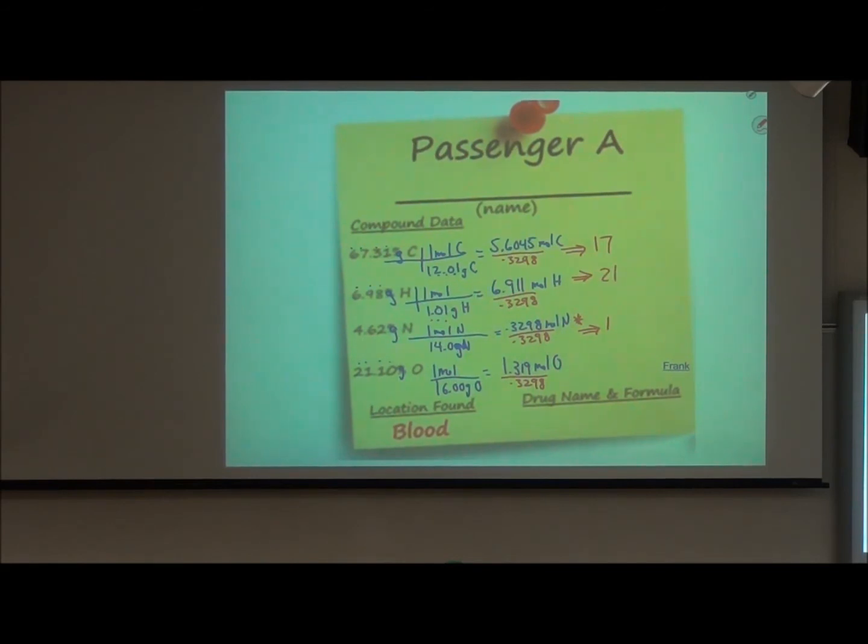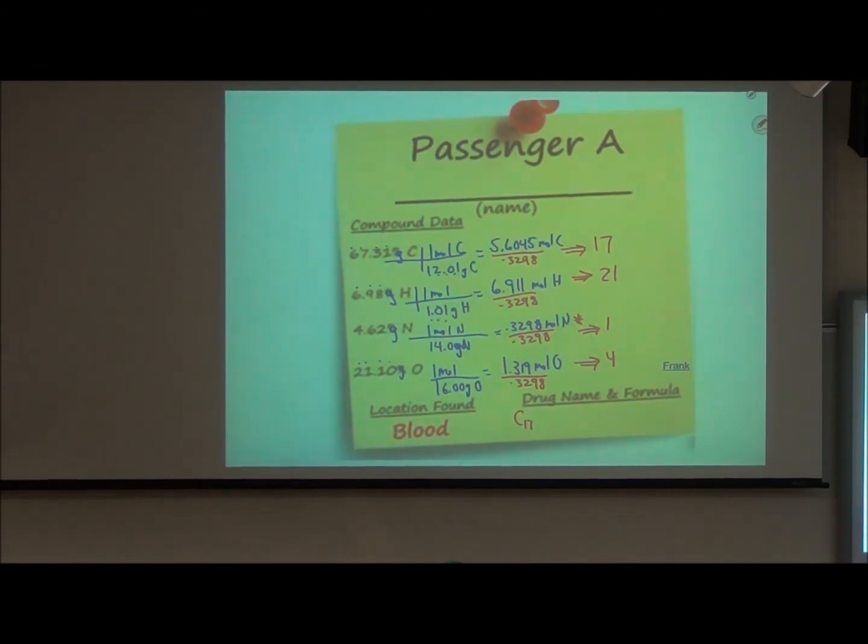This one was 21. This one's 4. So they're already all whole numbers. We don't have any decimals or fractions, so all we need to do is write this out.